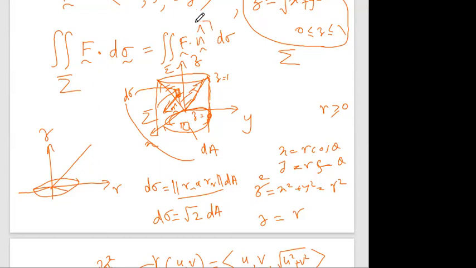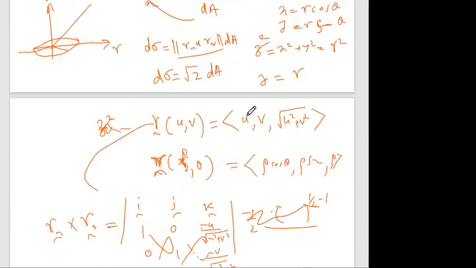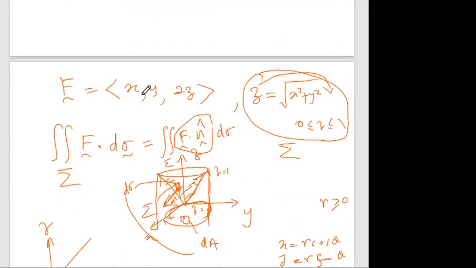Let's find this. We want the unit normal component of the field, because we are measuring the flux across this surface. Makes sense? We have the field. Where's the field? This is the field. Let's compute that.